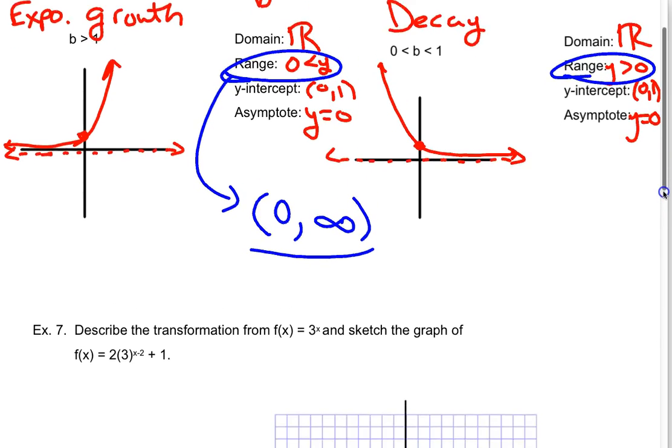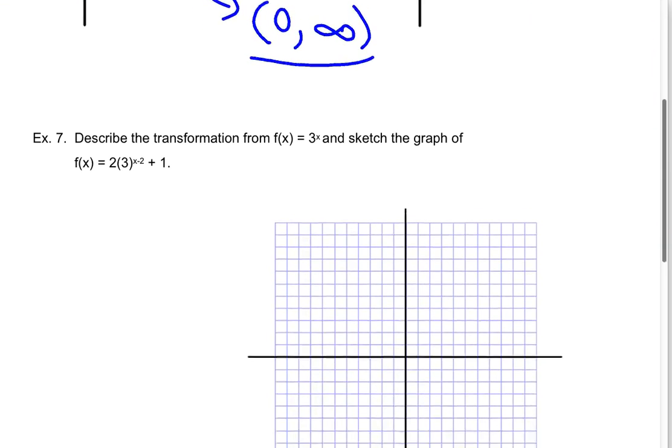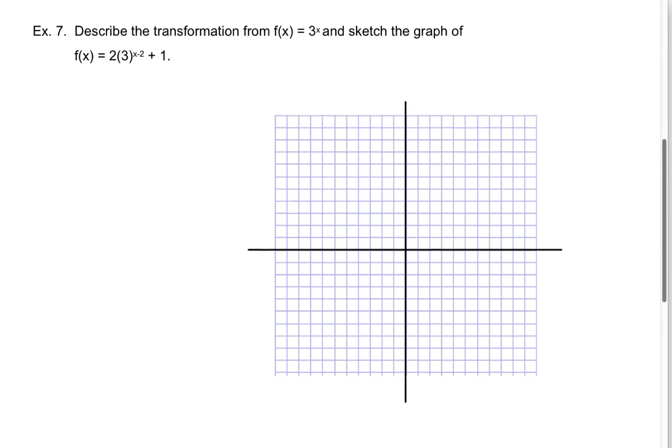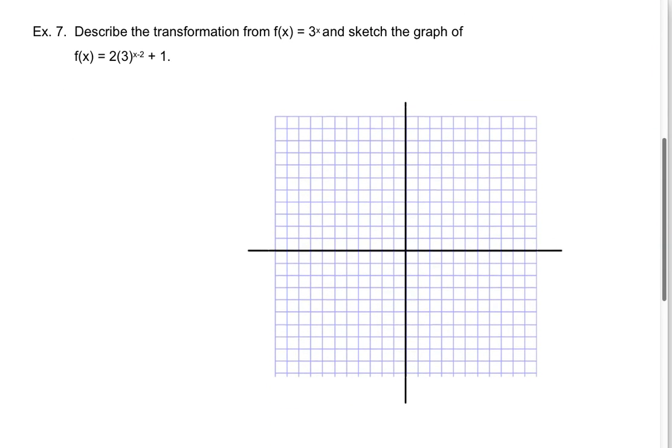I want to kind of know how they're going to look before you get started. So, example 7. Is it growth or is it decay? Well, first off, is it exponential? Yes, it is. And it's growth because b, which is 3, is greater than 1.